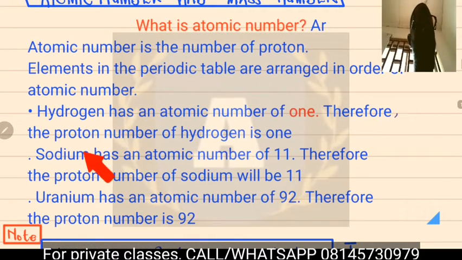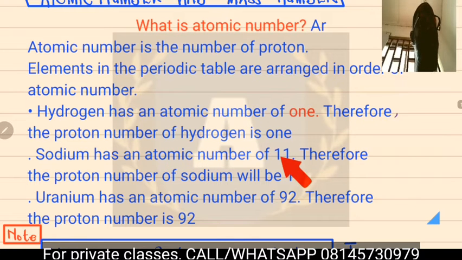The same as sodium. Sodium has an atomic number of 11, therefore the proton number of sodium will be 11.